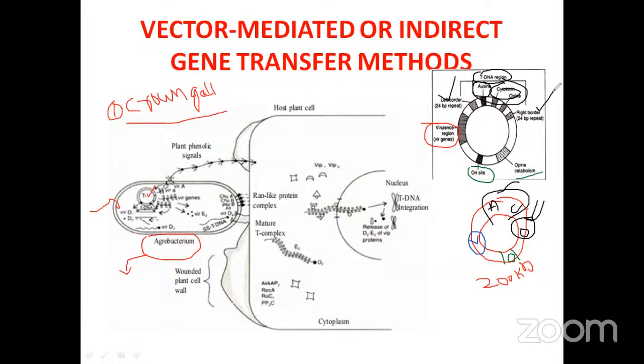These three genes, auxin, cytokinin, and opine, are together called oncogenes, as they determine the tumor phenotype. You know what is the function of auxin and cytokinins?